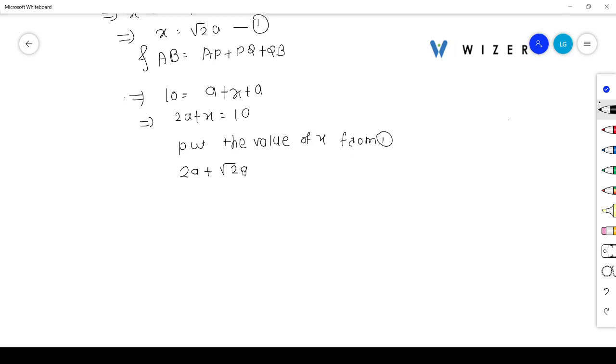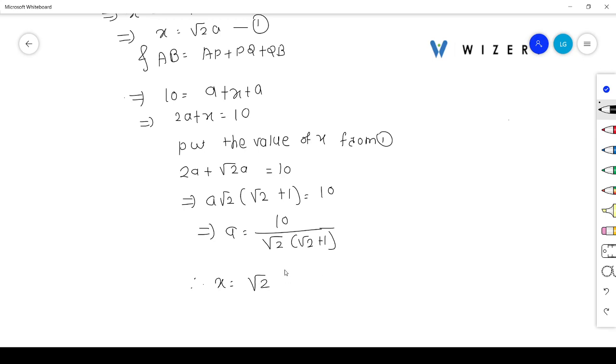From 1, it equals 10. So, if we take A common, there will be root 2 plus 1 equals 10. So, A will be 10 upon root 2 into root 2 plus 1. Therefore, X is root 2 into 10 upon root 2 into root 2 plus 1.